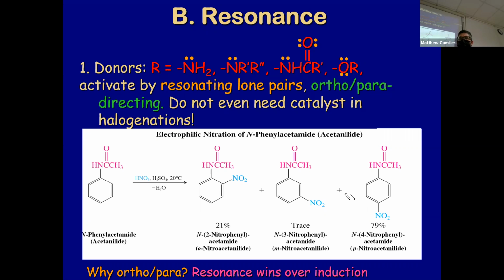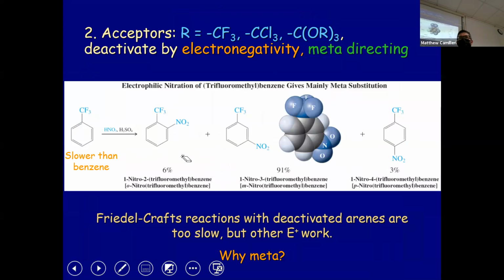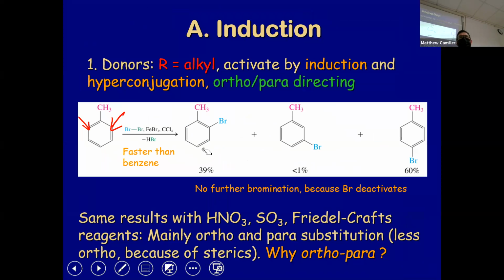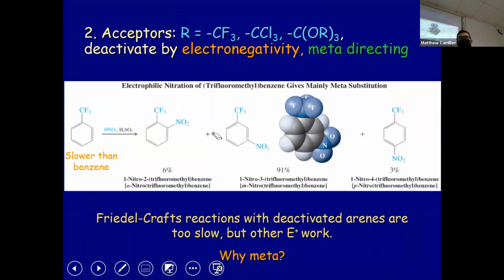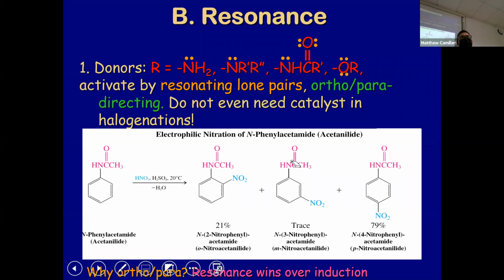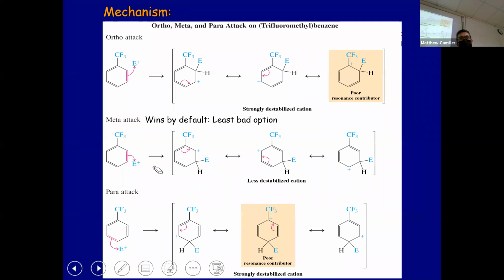Resonance. So up till now, we've spoken about induction effect. Now we're going to speak about the resonance forms, which would be the mesomeric effect. So for the CF3 pushes electrons into the ring, right?